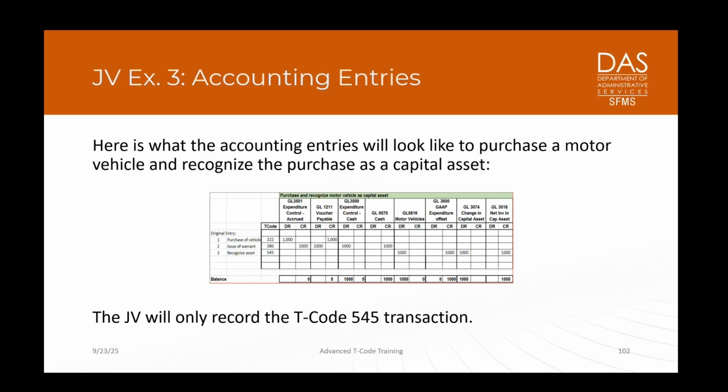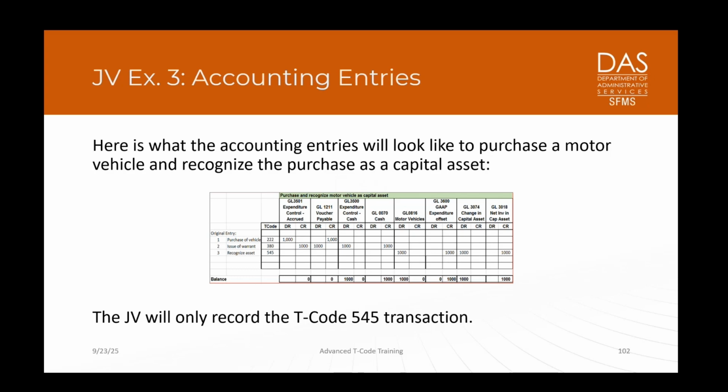And again, let's map it out. Here is what the accounting entry will look like. When the vehicle was purchased, T code 222 went through, debiting 3501 and crediting 1211, which is voucher payable.